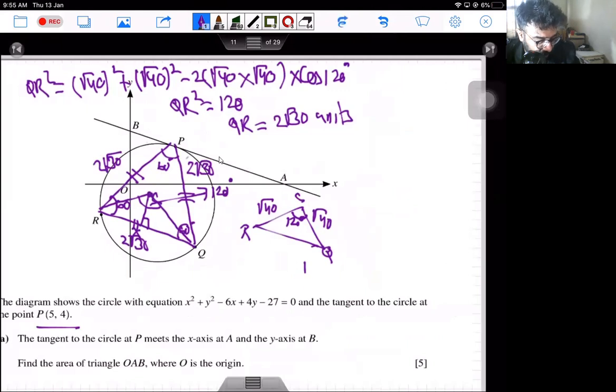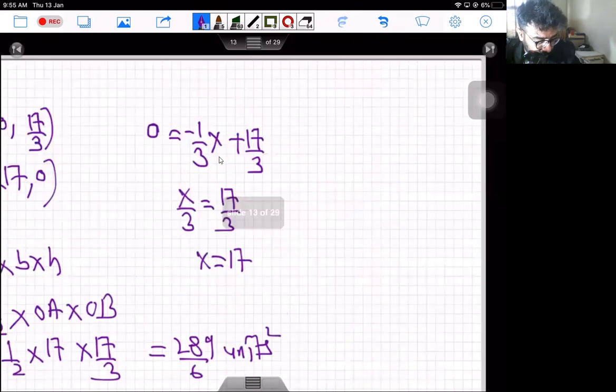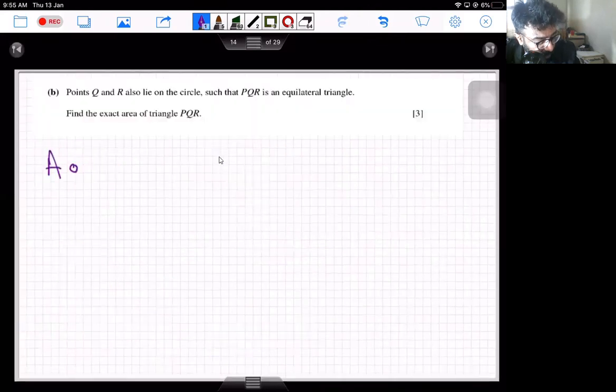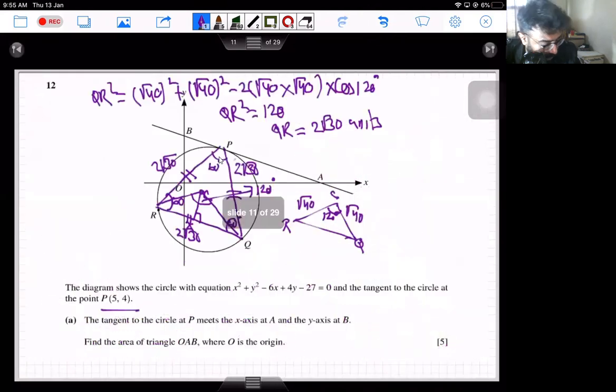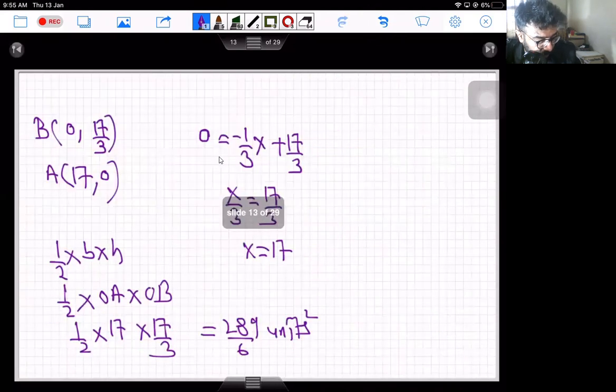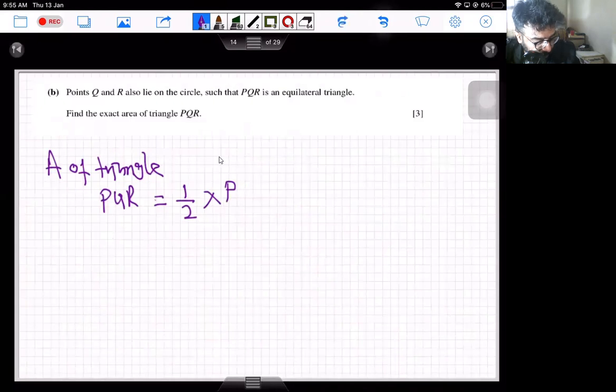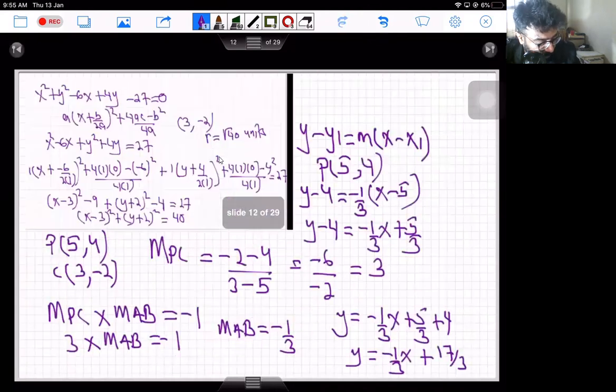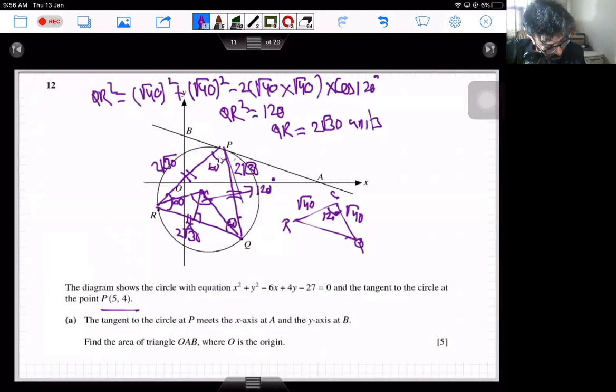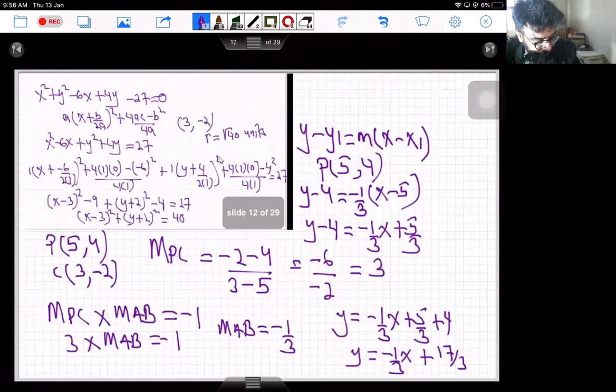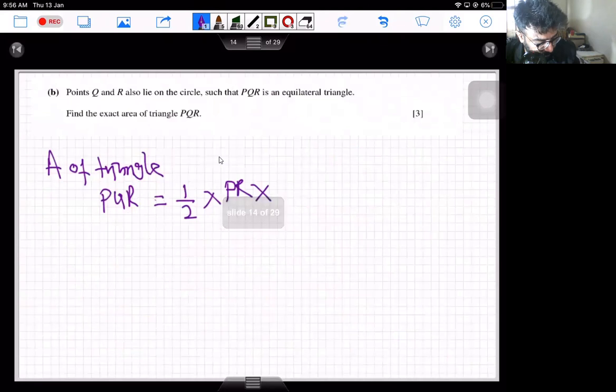Area of triangle PQR would be half into AB into sine C. This means half into PR multiplied by PQ multiplied by sine RPQ.